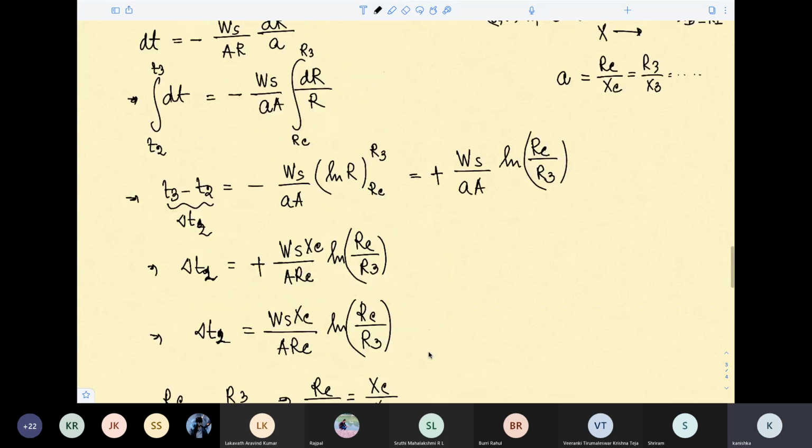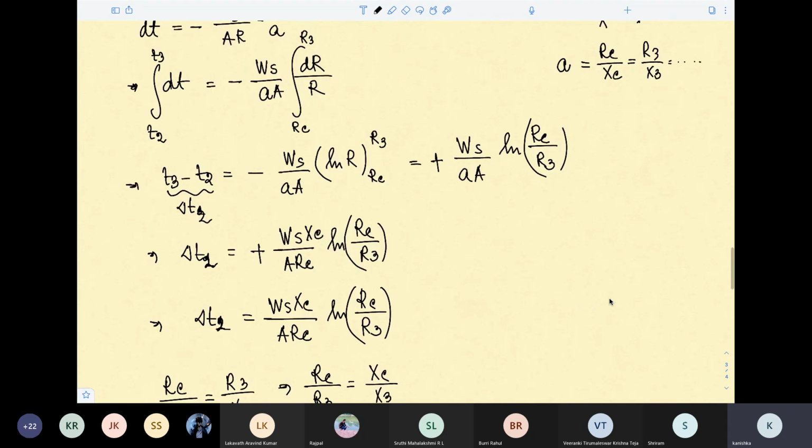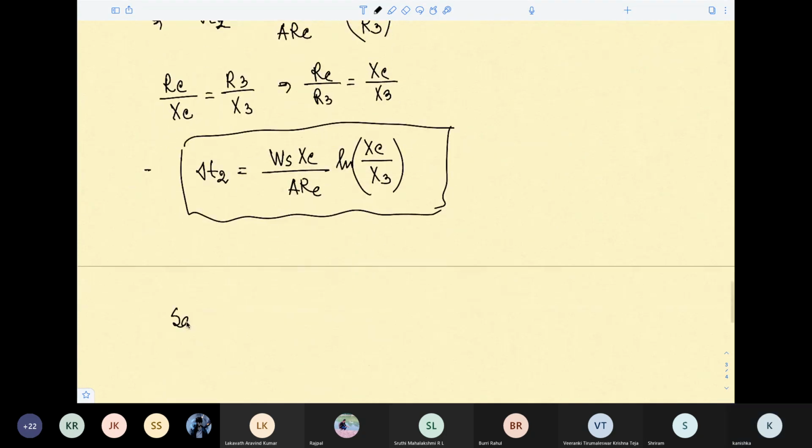Now let's say we are taking 3 over here. Now assume the final moisture content is XF after the fast falling rate period.